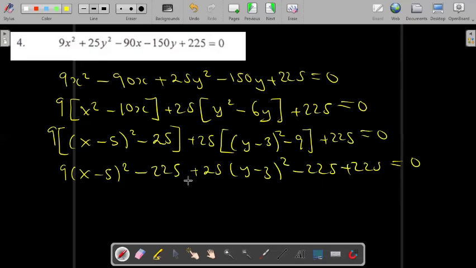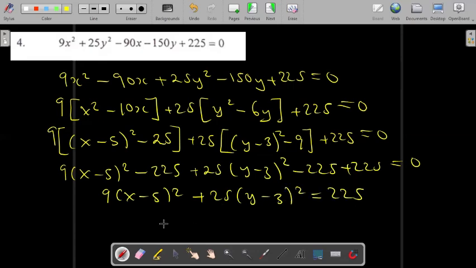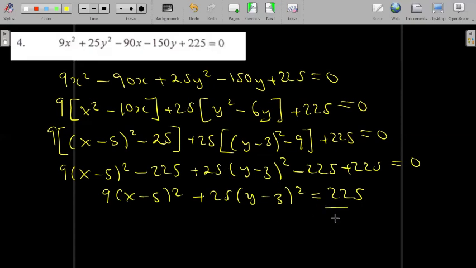Then I can take the other one to the other side, such that I remain with 9(x minus 5) squared plus 25(y minus 3) squared equal to 225. So from here now, I have to divide the entire thing by 225. The other side here will just be equal to 1.